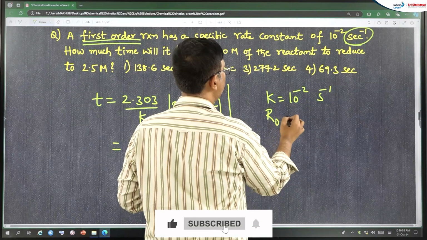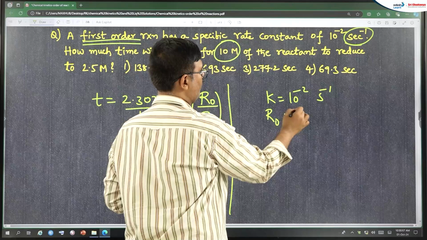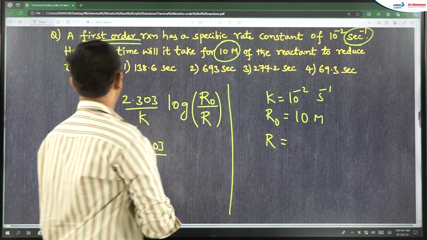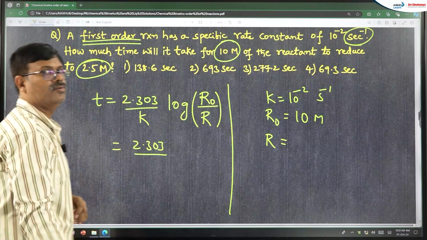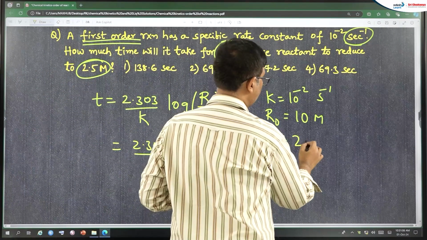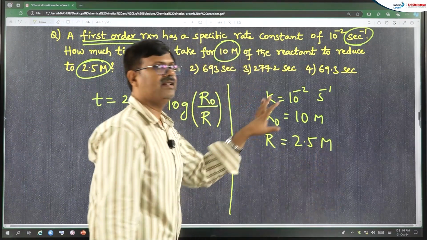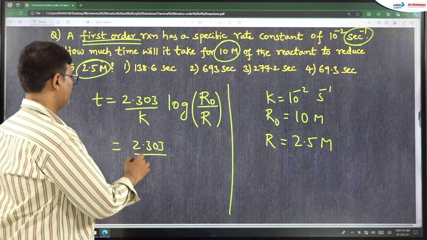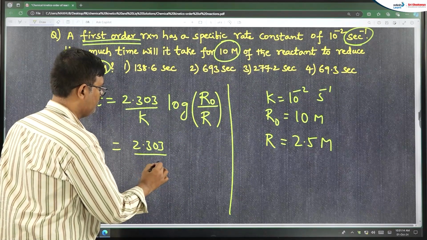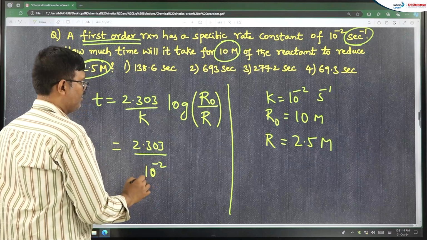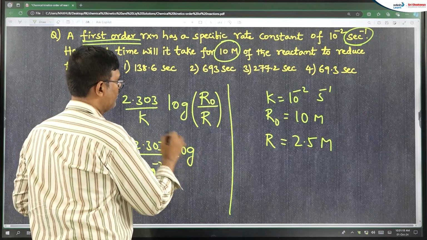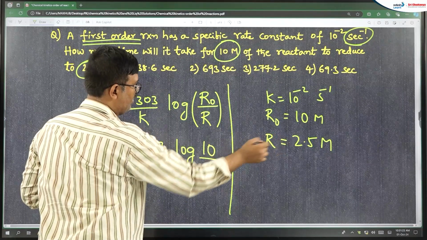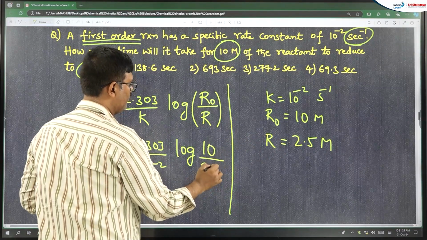R naught, the initial value, is how much given? 10 molarity. Final reactant is how much? 2.5. So let's substitute these quantities in the formula. K is 10 power minus 2, log R naught means initial, R means final, which is 2.5.